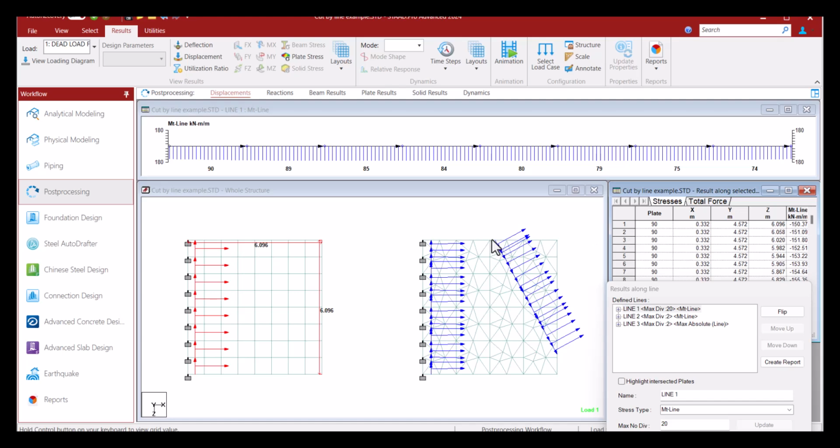So all those stresses have to be converted, because this representation is not the total force. Every element has its individual stress value, and these are per unit length.